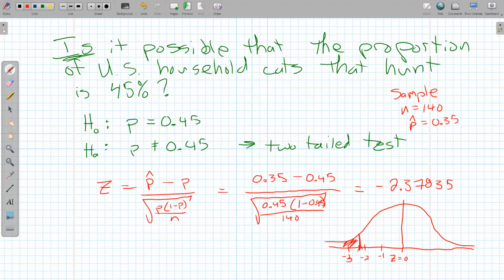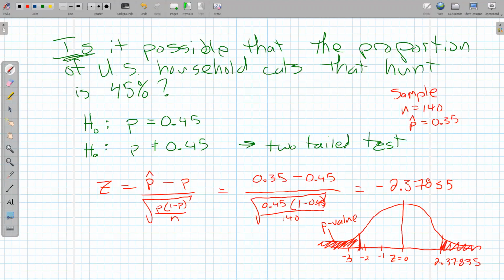And so then we have to use a normal distribution calculator to figure out what that p-value is. Since this is a two-tailed test, I need to double it out to the other side here. So I not only need to consider z equals negative 2.37835, I also, because it's a two-tailed test, have to consider z equals positive 2.37835.